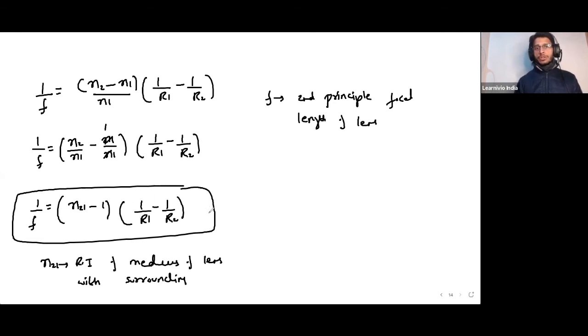And remember one more thing. While using this formula in numericals, you have to consider proper sign. Always consider proper sign here.